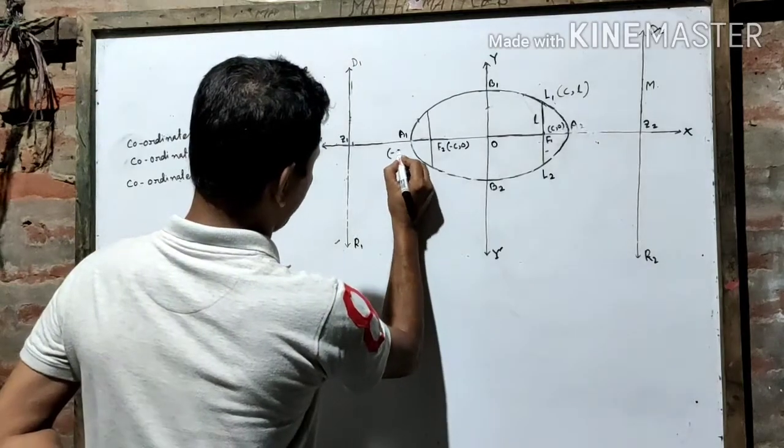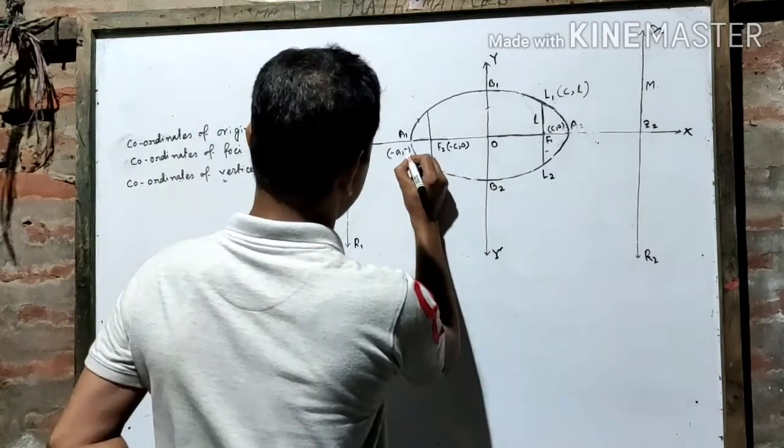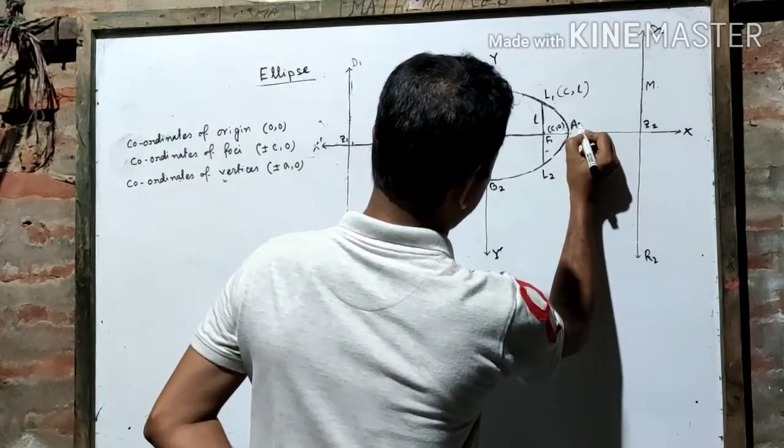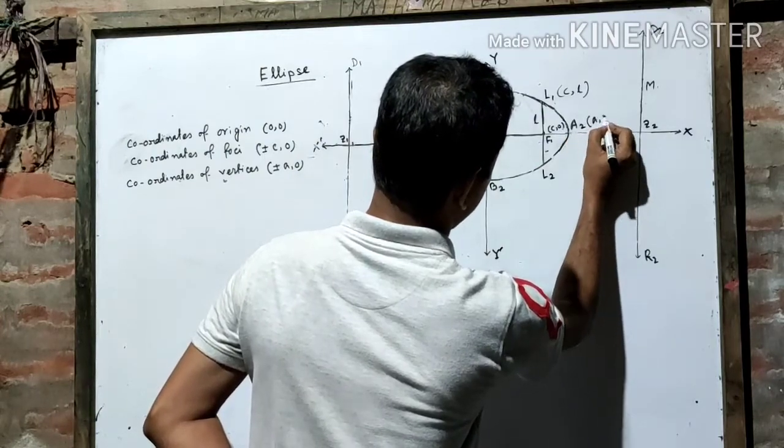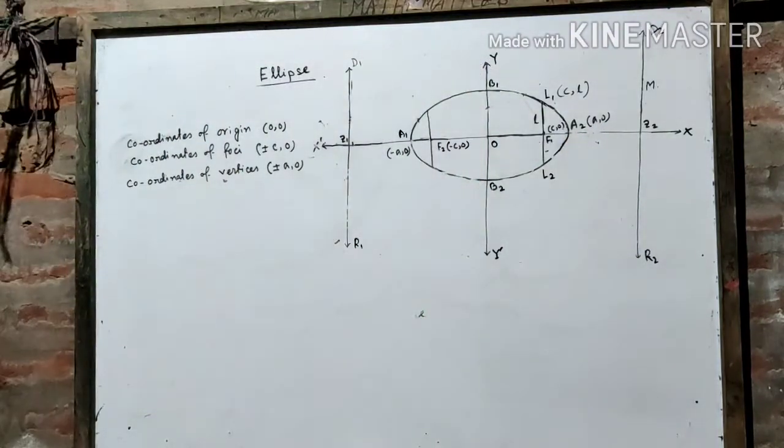So this is minus a, 0 and this is plus a, 0. Thus plus minus a, 0 are the vertices.